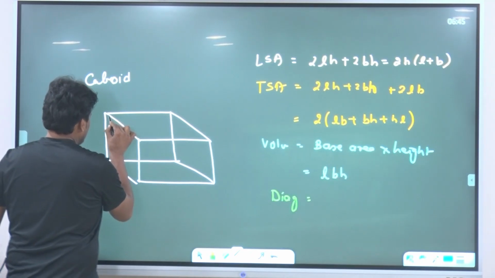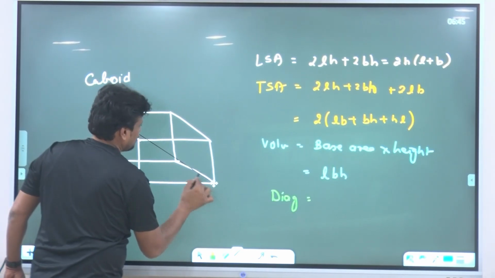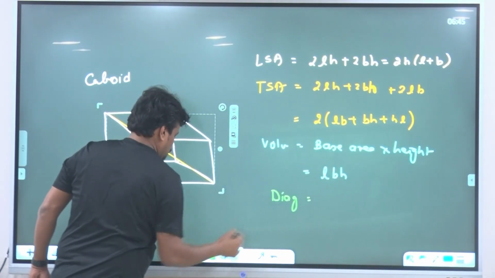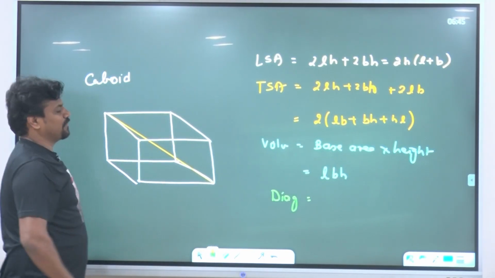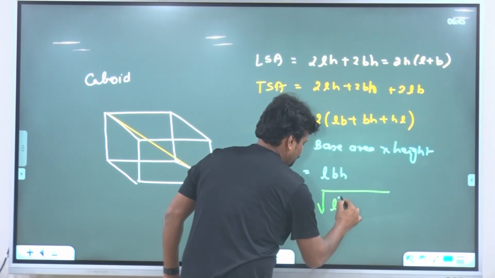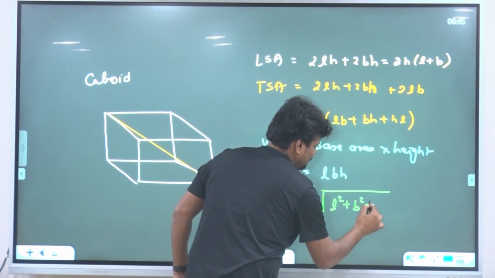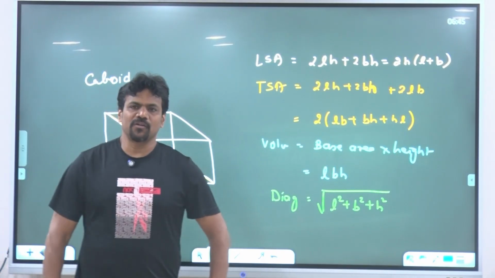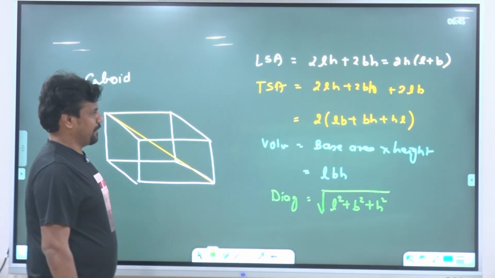This is the diagonal. And the length of this diagonal is given by root over of L square plus B square plus H square. That's the longest possible rod that you can keep in a room. That is diagonal for you.